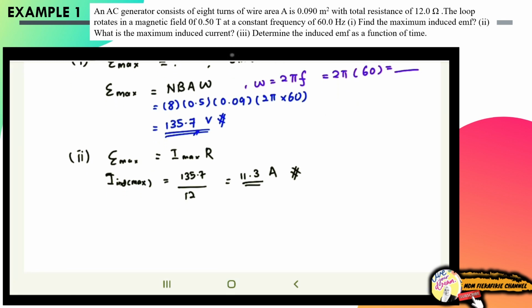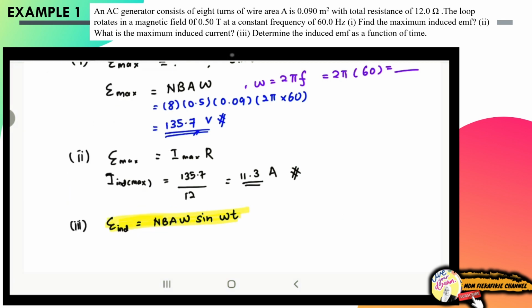Next, determine the induced EMF as a function of time. This means that we need an equation of the induced EMF in terms of time, or as a function of time. As we know, the general equation is NBA omega sine omega t. Remember? Now we have all the values of N, B, A, omega, so we can substitute.